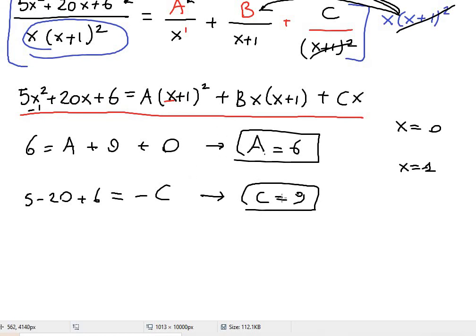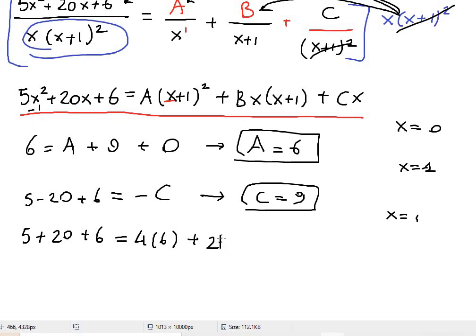This time we know a and c, so we can give x any value and then place a and c. So let x be 1. So 5 times 1 squared is 5. 20 times 1 is 20. Plus 6 is equal to, we said x is 1. 1 plus 1 is 2. 2 squared is 4. 4a. And we know that a is 6. Plus x is 1. b times 1 is b. And this is going to be 2.